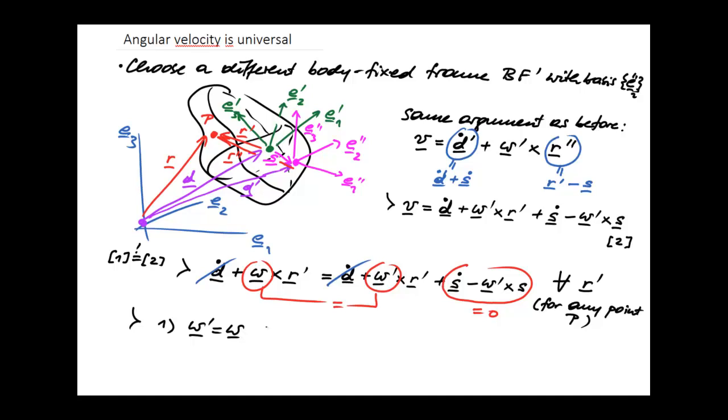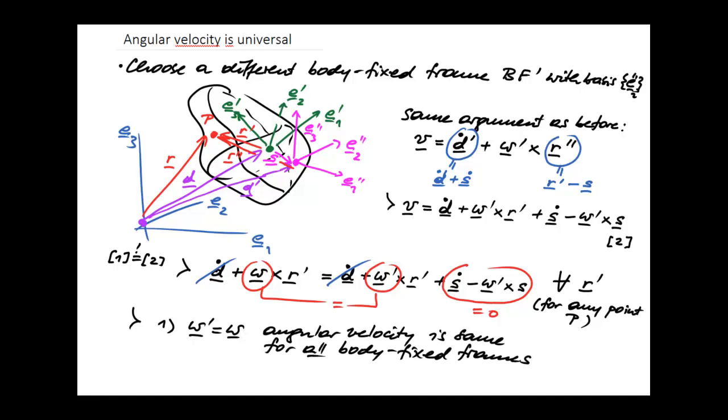So in fact, the angular velocity is the same for all body fixed frames. And in this sense, it is universal. And the second conclusion is that s dot is given by omega vector product with s.